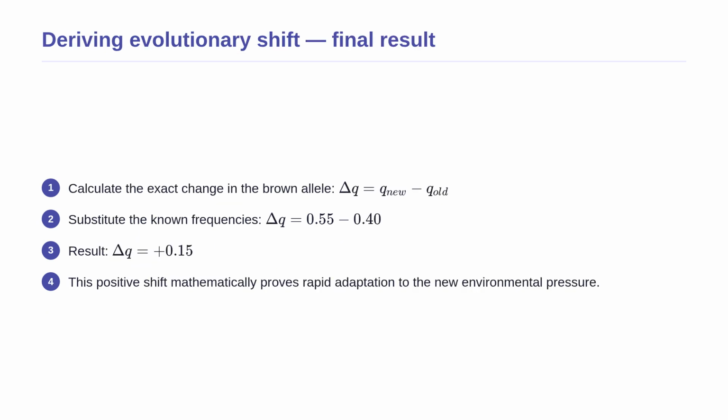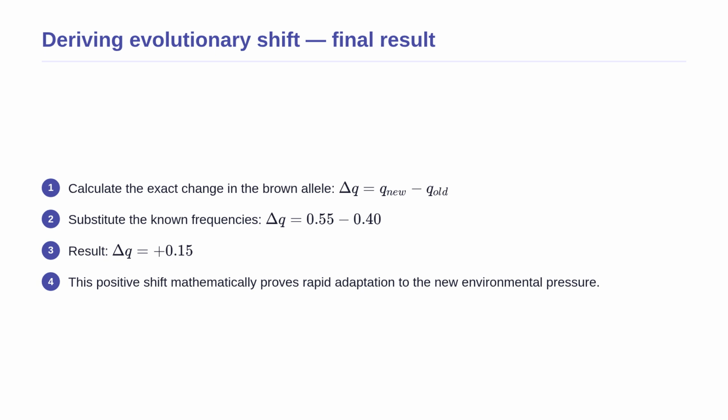We have found the new frequencies, but let us mathematically prove the exact magnitude of the microevolutionary change. We do this by calculating delta Q, which is the new frequency of the brown allele minus the old frequency. Subtracting 0.40 from 0.55 gives us a positive 0.15.